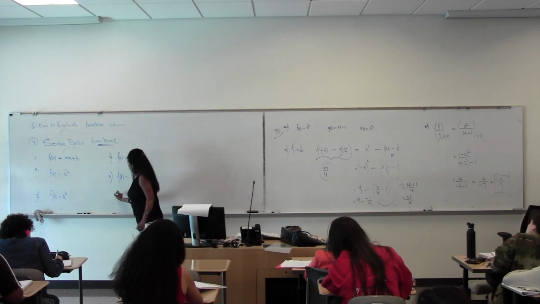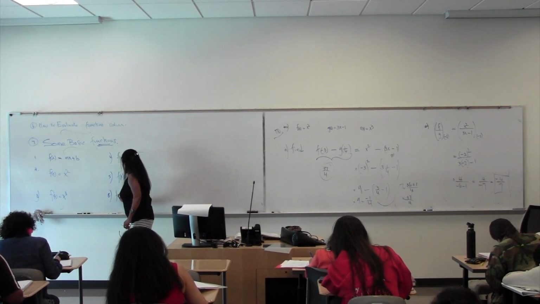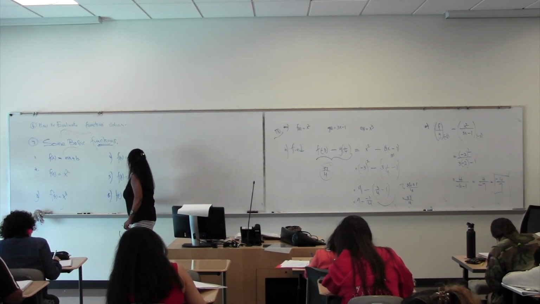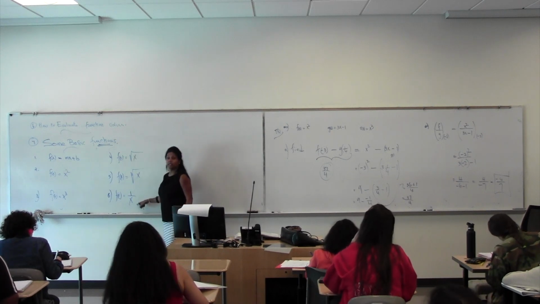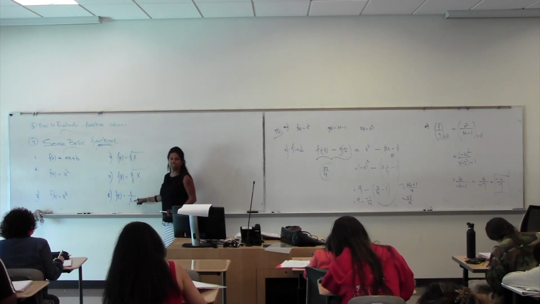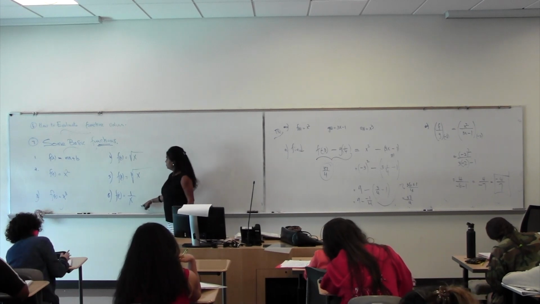Number 6, f of x is equal to, we also did rationals, right? This is called what? Rational function. The x value is in the denominator. Rational functions, number 6.